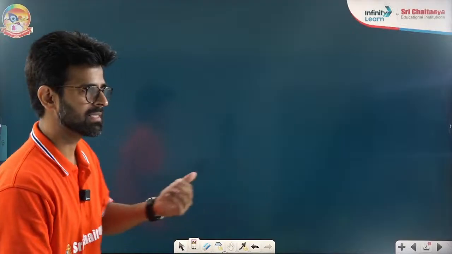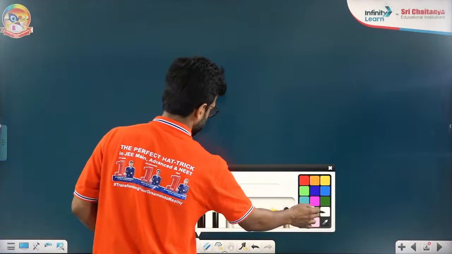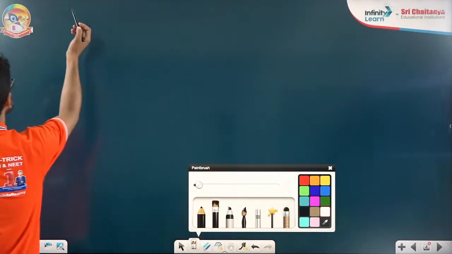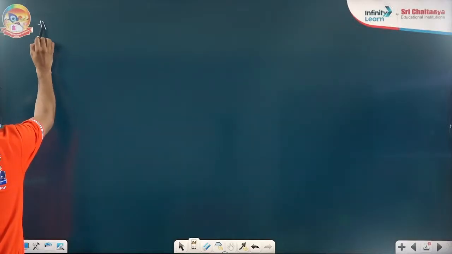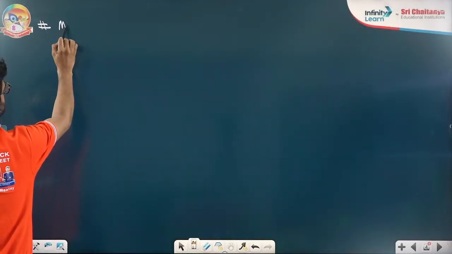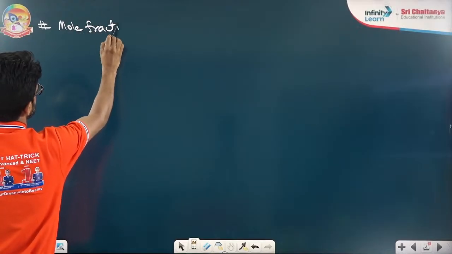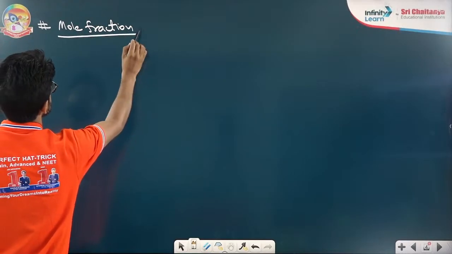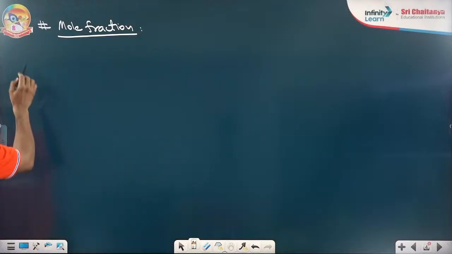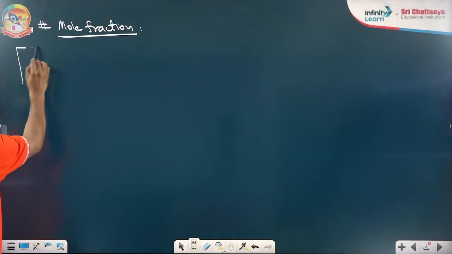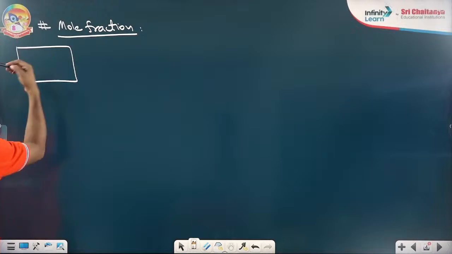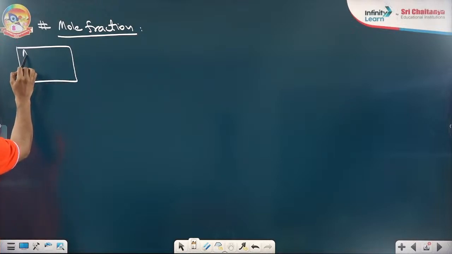The next term is mole fraction. I will use the previous terms in mole fraction, as I just said. Mole fraction, fourth term I will say. Imagine in a box or anything, I have three components.